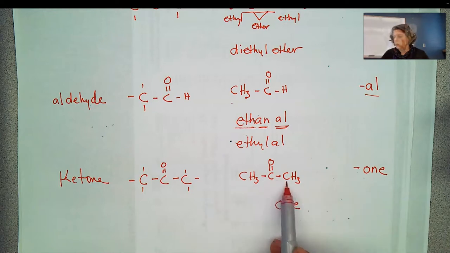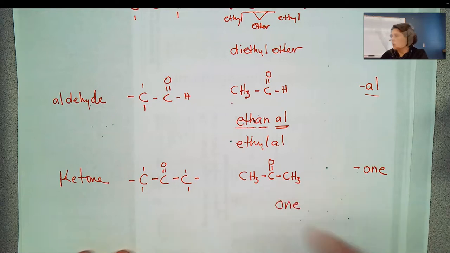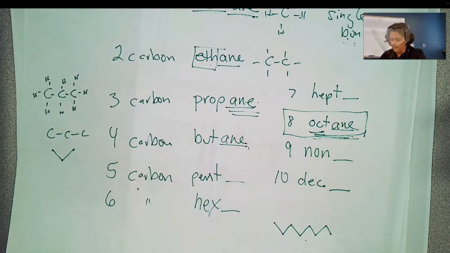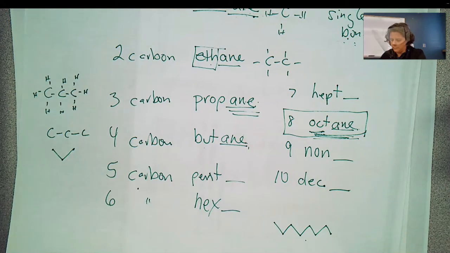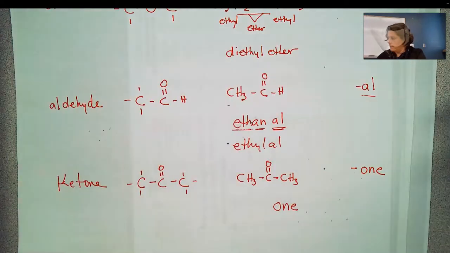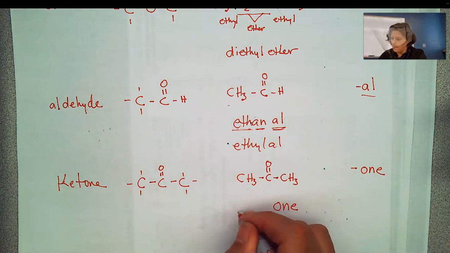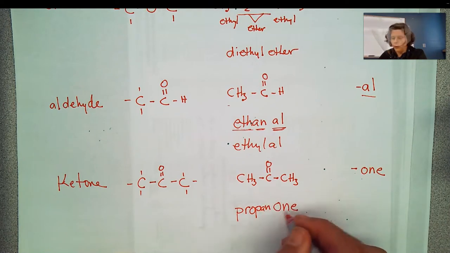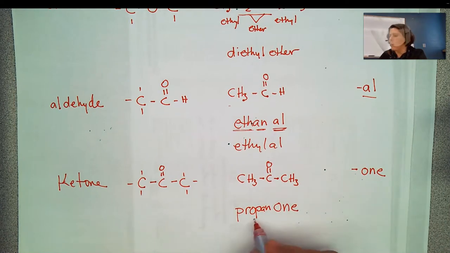Is 1, 2, 3. So this becomes, what's 3 carbons? 3 carbons is prop. So this becomes propanone.